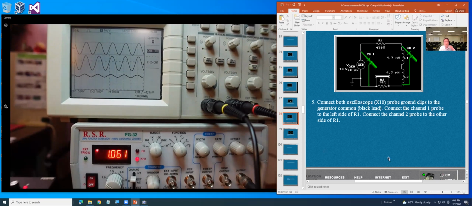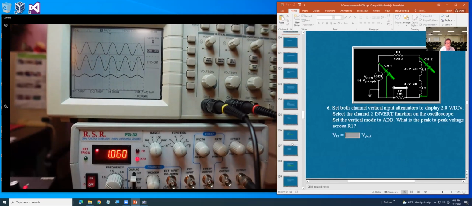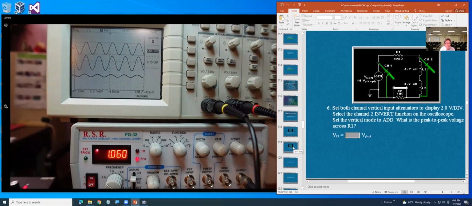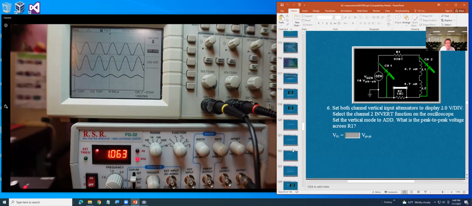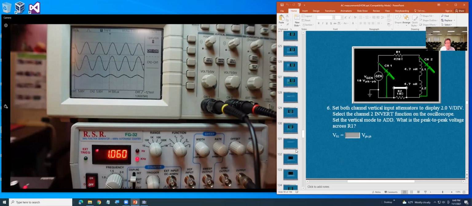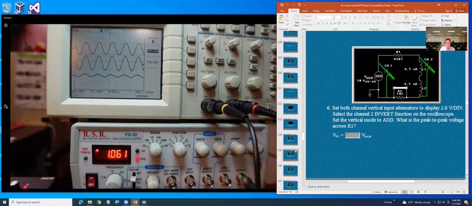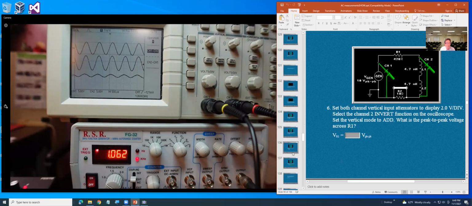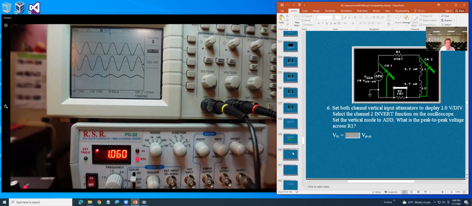Okay, now we go to the next one. What I have to do to understand, I have to play with my camera, so it's easy for me to move it from one to the other. I want to display.